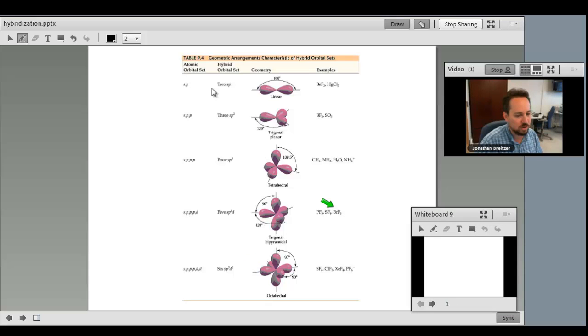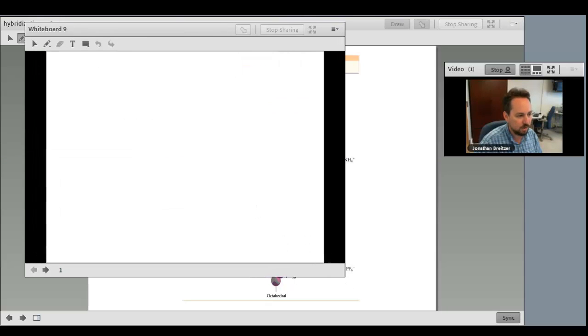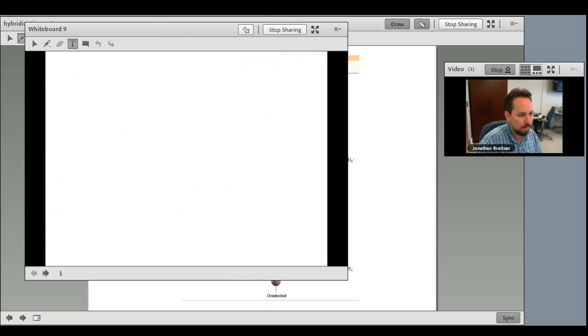Let's go ahead and draw the Lewis structure of BrF3, just for fun. Let's see if we know how to do it. So I'll put the bromine in the middle, and I'll put the fluorines around it.